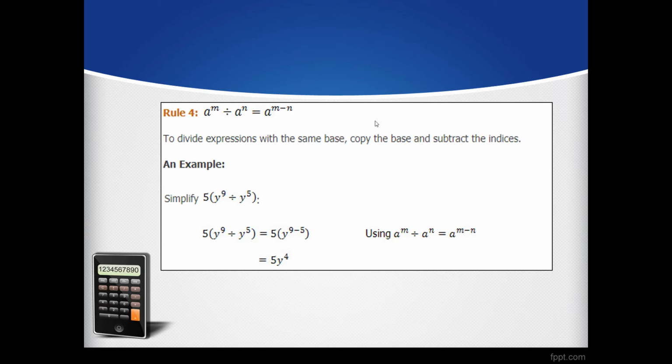If we are to rewrite that, it becomes 5x^(6 minus 7). So that is 5x raised to negative 1.